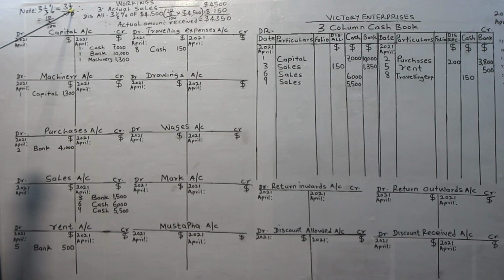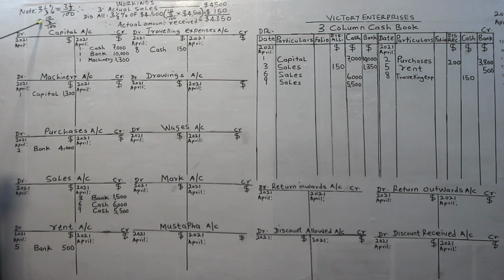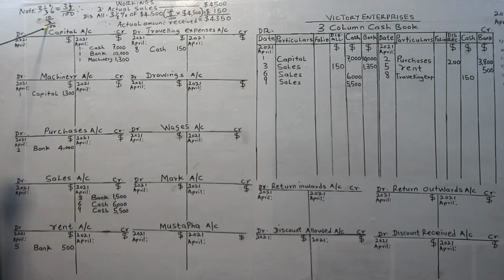It becomes 10/3. Therefore, we can now write it as 10/3 divided by 100.